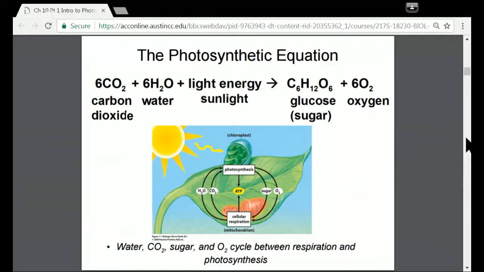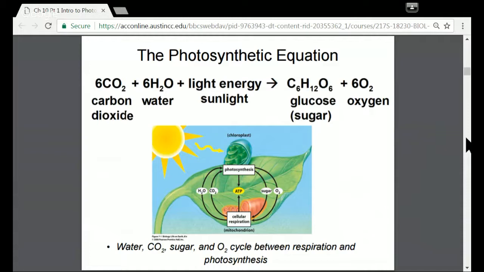Now in the diagram in the middle of the slide, you can see the relationship between the chloroplasts and the mitochondrion found inside plant cells. Chloroplasts undergo photosynthesis. So they produce sugars and they produce this oxygen gas. And those products are the reactants needed by the mitochondria. The mitochondria take in these reactants.